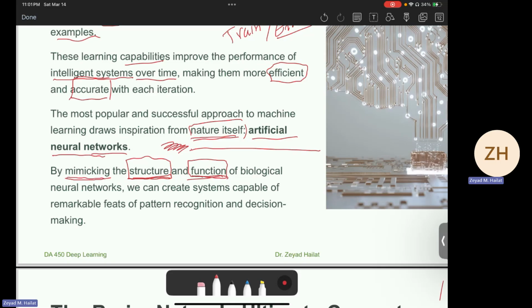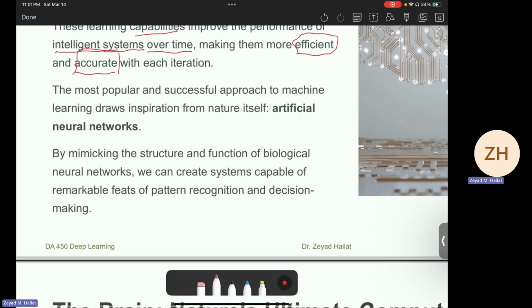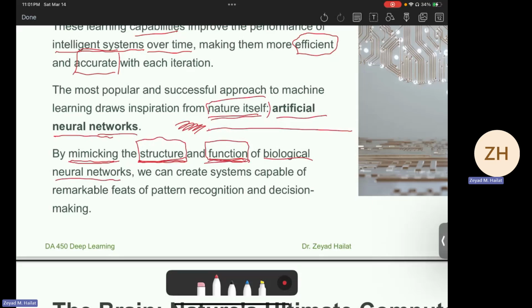The idea here is that we are mimicking the same structure and functionality as the biological neural network that we have in human beings or in animals in general. So we can create systems that are capable of remarkable feats of pattern recognition. We are looking at recognizing and learning certain patterns and making some decisions.